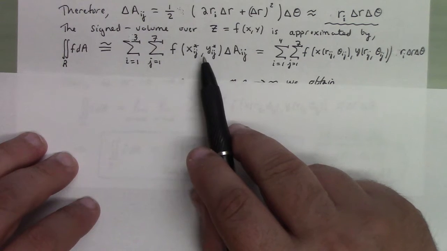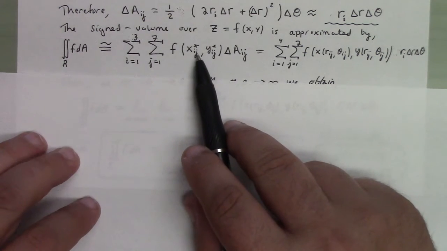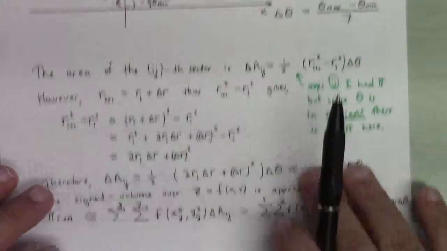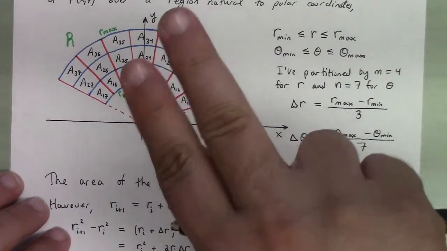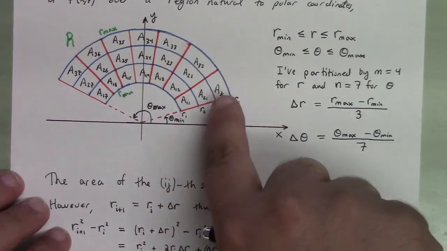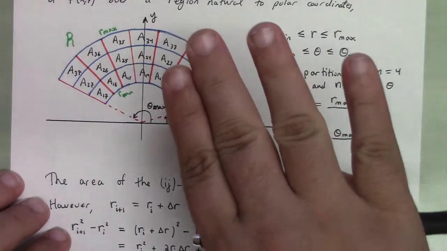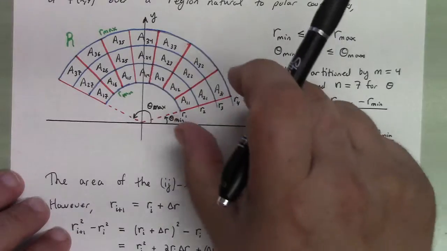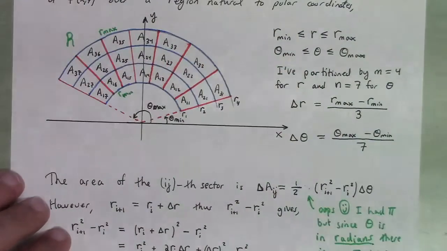Pick some points in the ijth region to evaluate the function. That'll fix the height, if you can imagine these coming out of the page. And if f of x y was positive over the whole region, we'd be calculating the actual volume of that skyscraper over this region.